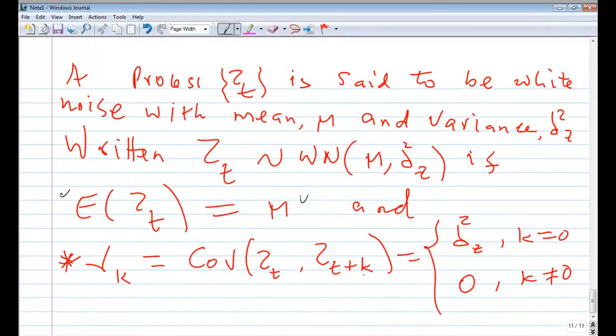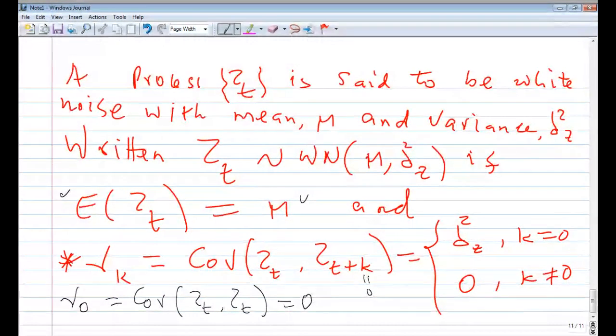If instead of this k you put 0, you are going to have gamma 0, which is equal to the covariance of Z_t and Z_t. Because it's the covariance of Z_t with itself, it's not zero. Their covariance is sigma squared z. That's what we're saying.